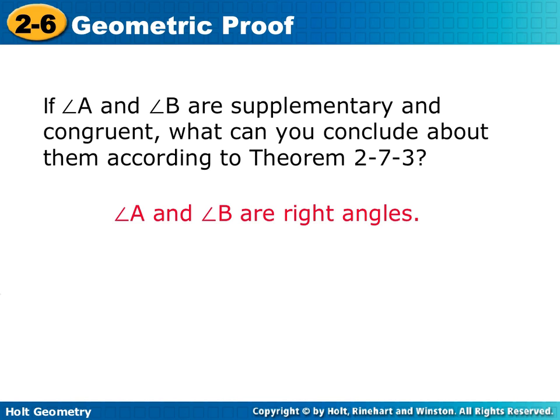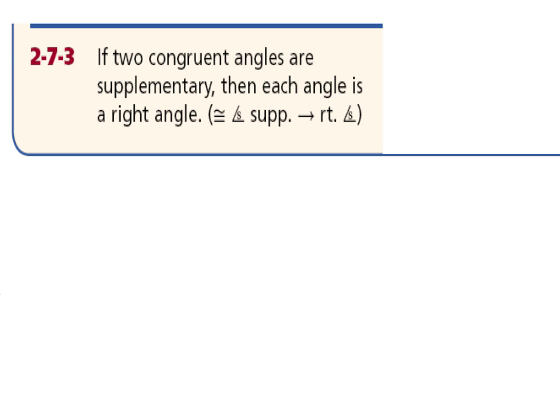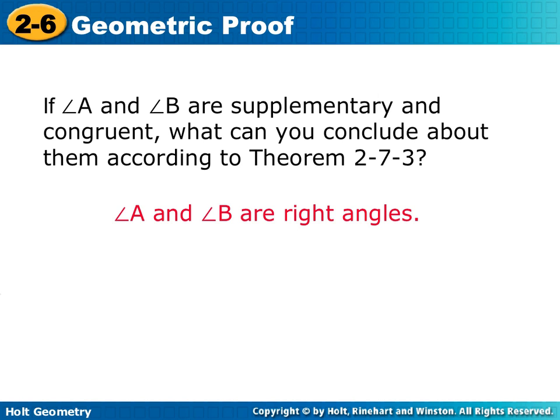Angle A and angle B are 180? That's not what it said in the theorem. What it said in the theorem is they are right angles. Now if you did more with that, you could maybe come up with something different, but the theorem doesn't say anything besides they are right angles. So I'm going to try and keep you step by step, so you're only doing one thought at a time.